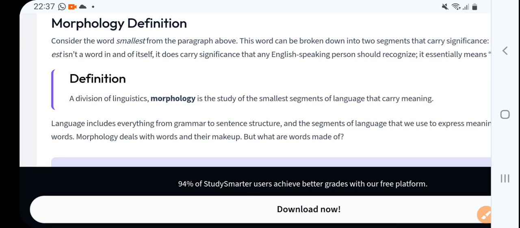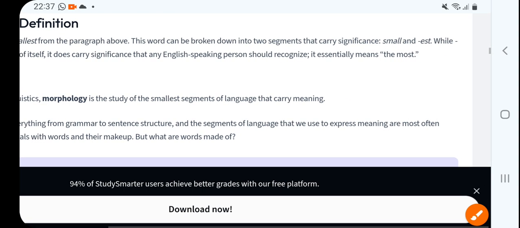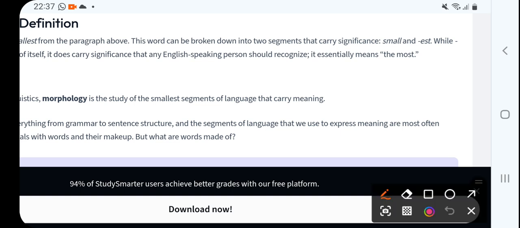The word can be broken down into two segments that carry significance, 'small' and 'est'. So the word is divided into two parts, small and est.